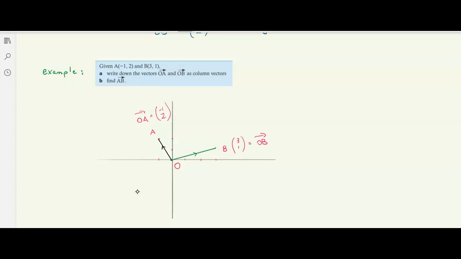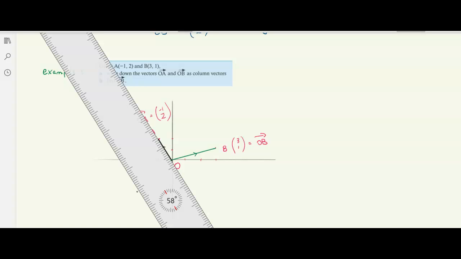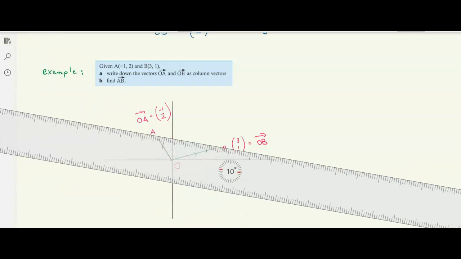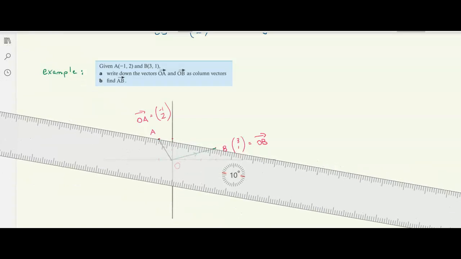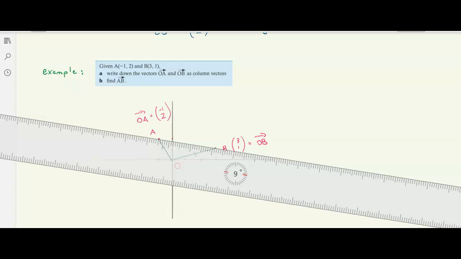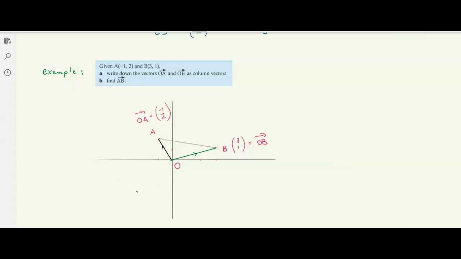Now find AB. AB is going to be, get my ruler out again, the vector that heads across from A to B, like so. A to B, there it is. Okay, so we need to find out what AB is. Well, there's a few ways of doing this. We can write AB, the vector.